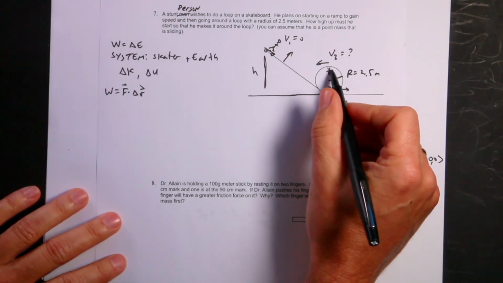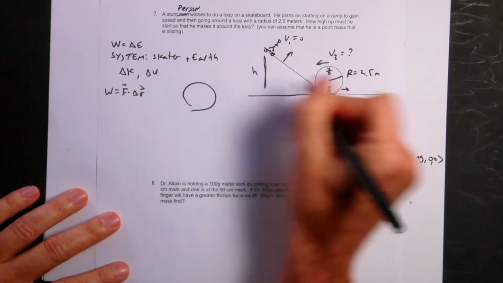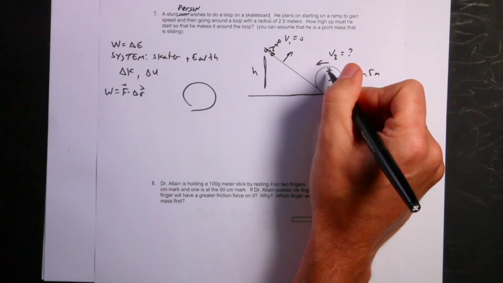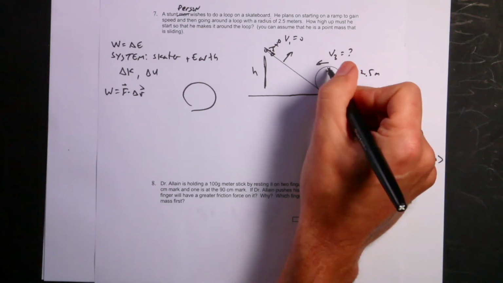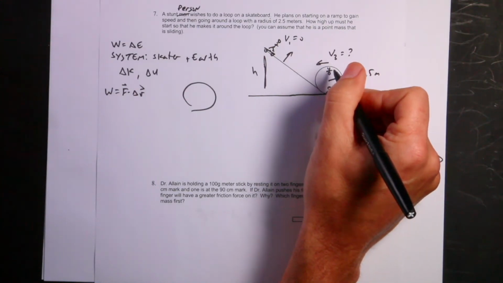Now, up here, there's actually a trick. Because at the top of the circle, you could say, oh, I need to find out how fast they need to go to get to 0 speed. But if they did that, they would fall. So you have to be going fast enough such that you're still in contact with the surface.